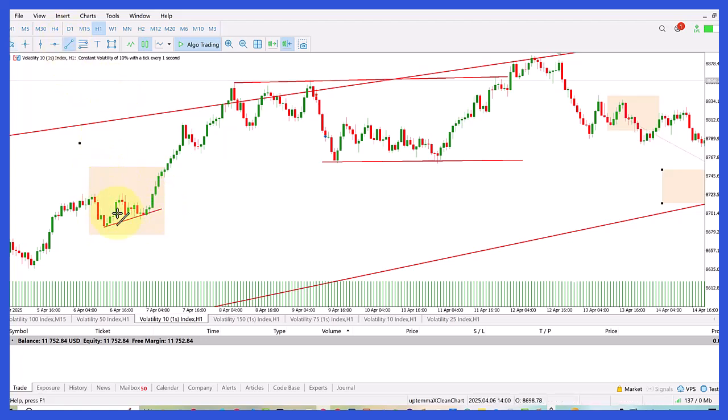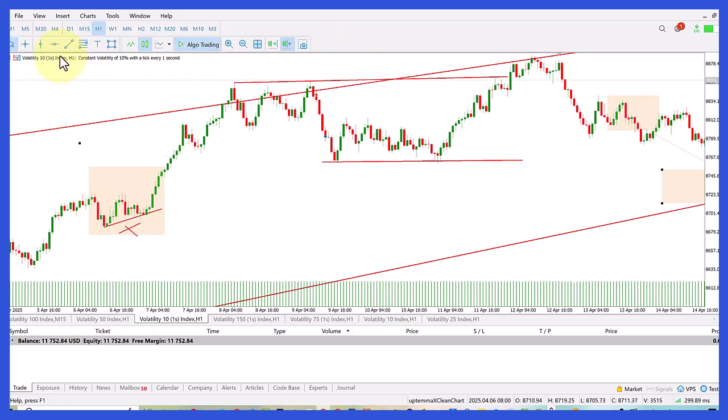There's liquidity below these relatively equal lows that are diagonal, closely packed lows. So you have confidence that the market surely should target this liquidity that is here.